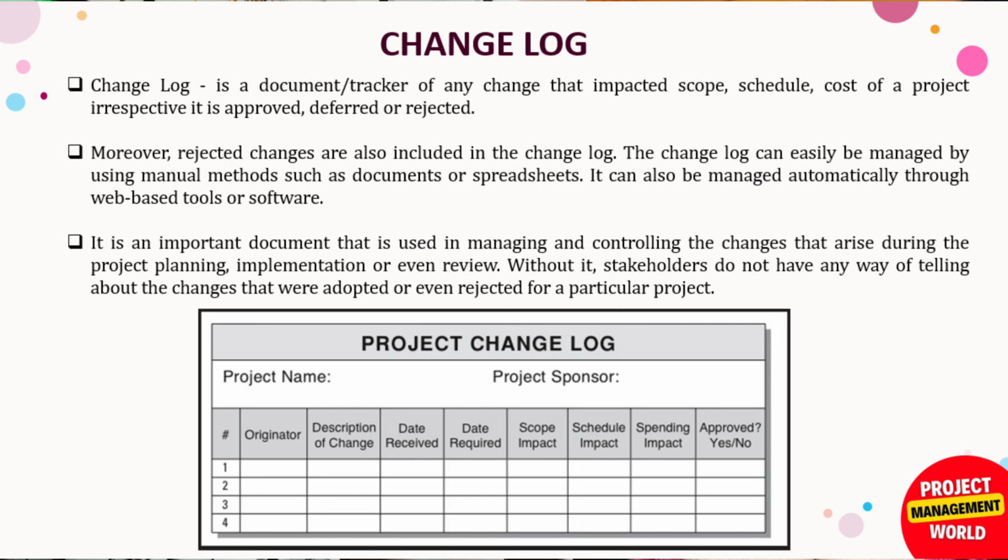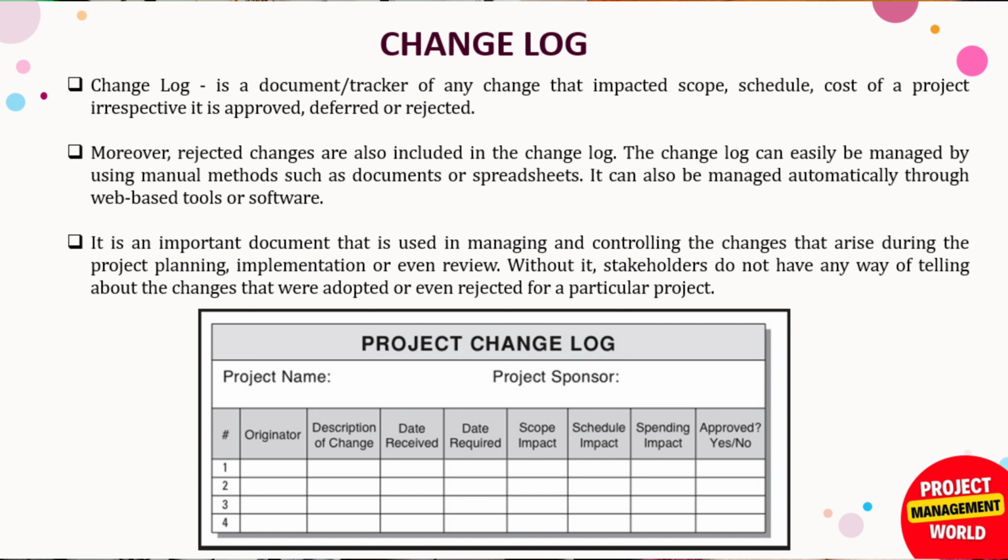We have this project change log, and we have several columns here as well. So we can enter the project name, project sponsor. The first column you can see we have the ID or serial number, whatever you can say. Then originator, who originated the change, the description of change, the date received, so when this change was received, date required, scope impact, if it has impact on scope, then that will be listed here.